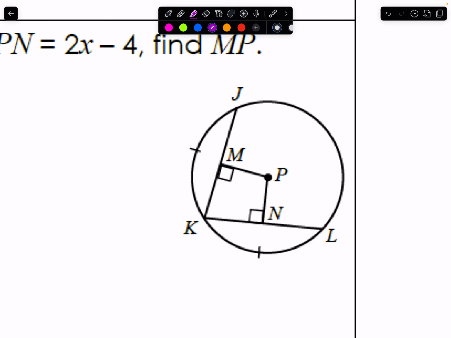I look at this picture and I see this arc, and this arc, different colors so it doesn't look confusing. These two are congruent. We start off with two arcs that are congruent, and these arcs are made by chords.